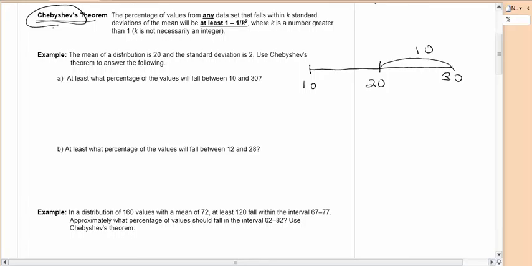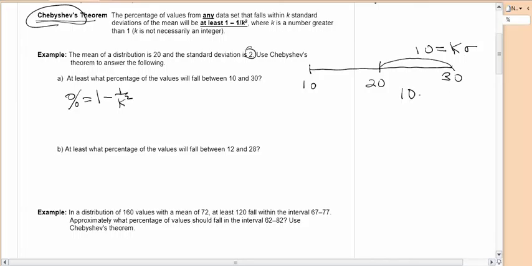All right, so the relationship now is that percentage is equal to 1 minus 1 over k squared. What is k? Remember, k is the distance from the mean to the endpoint. Well, we know that distance. It's 10. So 10 is equal to k times sigma, k standard deviations from the mean. Well, we know what sigma is. Sigma is equal to 2.